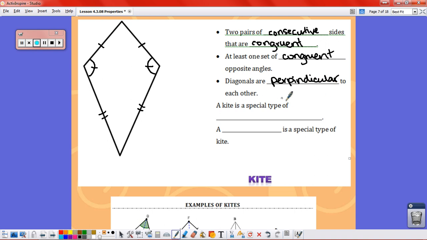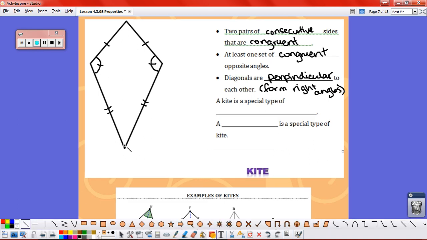Perpendicular means they form right angles. So if I draw my diagonals from vertex to vertex, like this, they make right angles.